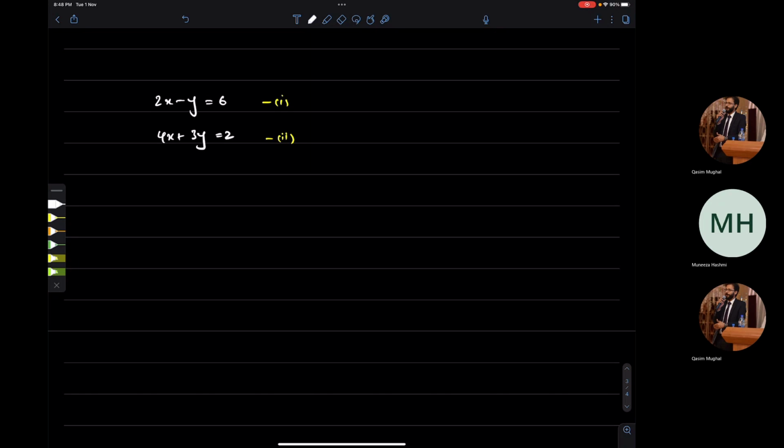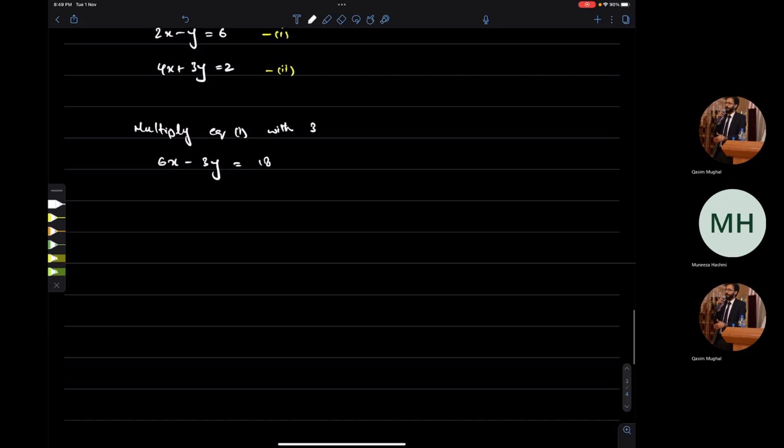To do that I need the same coefficients with opposite signs, so I'll multiply equation 1 by 3, because the coefficient of y in the second equation is positive 3. That gives us 6x minus 3y equals 18.